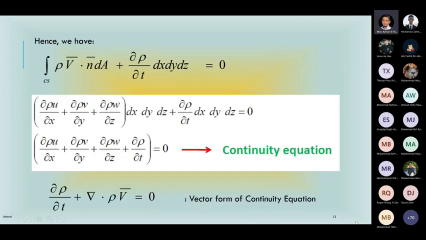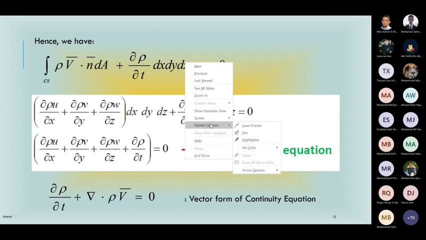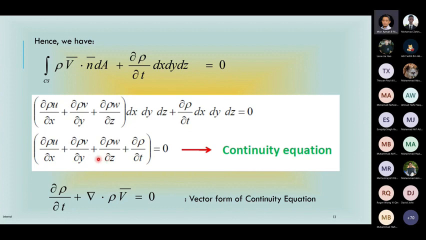This is from the conservation of mass, and the equation would be in terms of this formula. So you have density and velocity u with respect to x, v with respect to y, w with respect to z, and then the change of density.